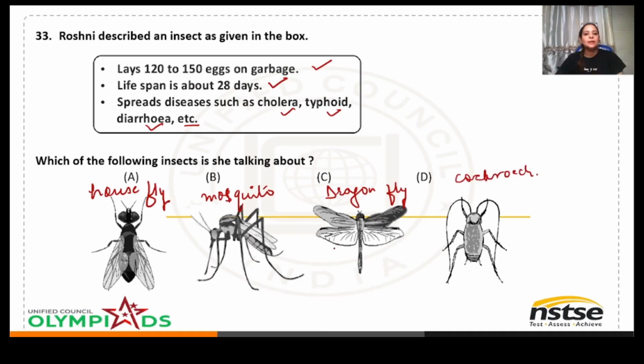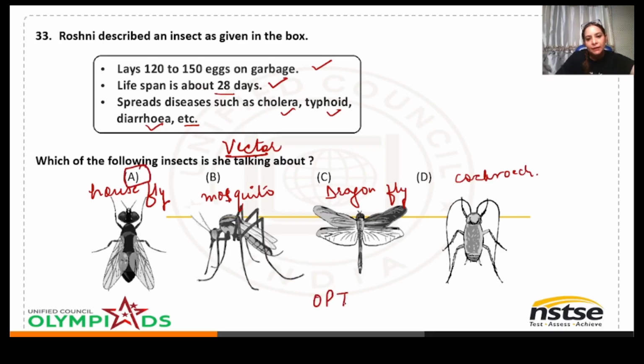So here all of them are insects, but we need to pick that insect which lays 120 to 150 eggs on garbage, lifespan should be 28 days, and spreads diseases like cholera, typhoid, diarrhea. That means it acts as a vector. See, a vector is something which is not itself a causative agent of the disease, but it passes the causative agent from one place to the host. Okay, so here the correct answer is housefly.